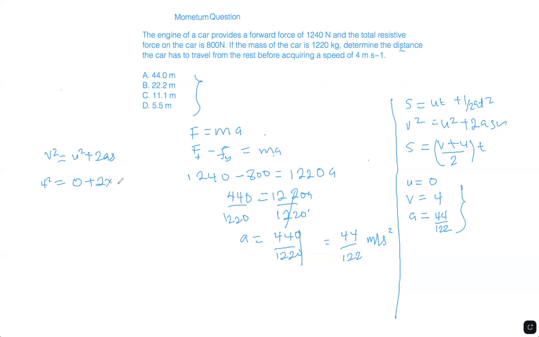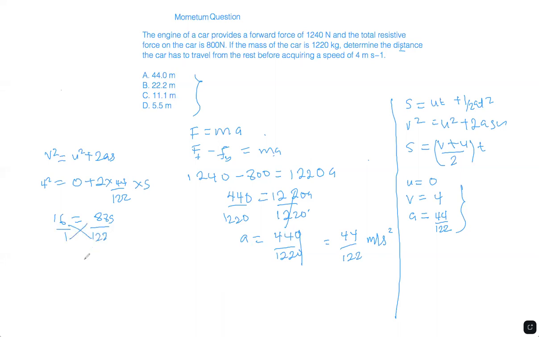We got acceleration of 44 over 122, then times the distance. So if we do that, we're going to have 16 equal to 2 times this, which will give us 88 over 122.